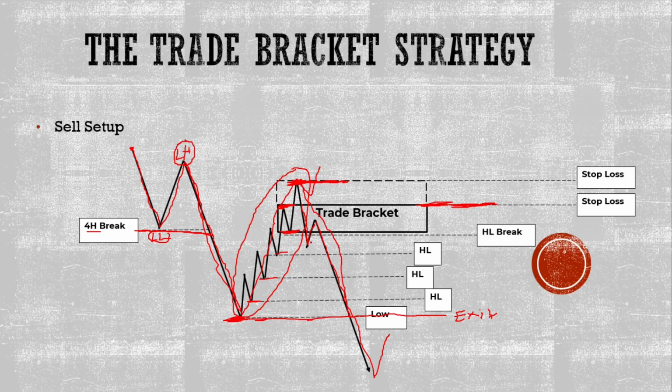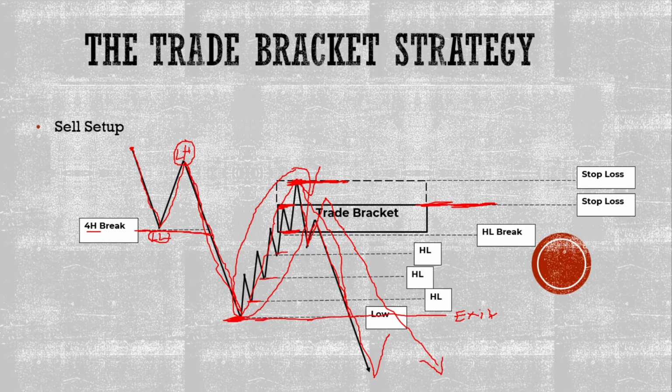If you draw it from the last higher low to be broken to the last higher high to be made, you will have a higher risk to reward ratio. What that means is you will make more money, but the chances of price actually pulling back and taking you out and continuing in your direction will also be high.